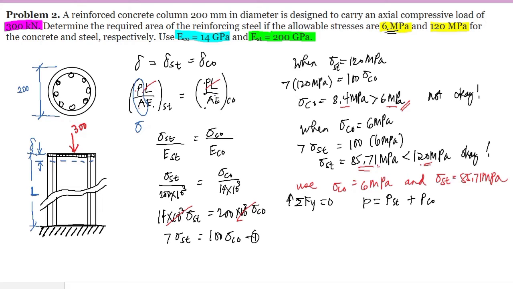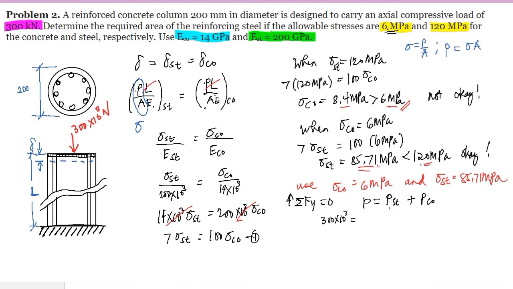That's 300 times 10 to the 3 N. So we have here 300 times 10 to the 3 is equal to the force P. Since we know that stress is equal to force over area, force is equal to stress multiplied by the area.